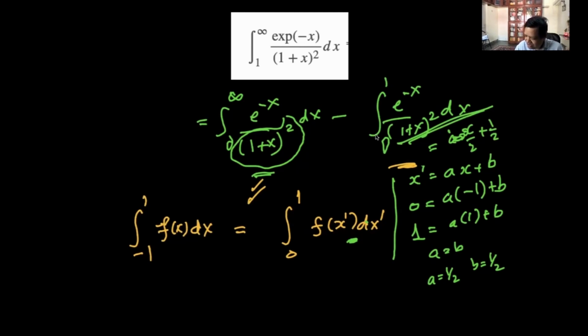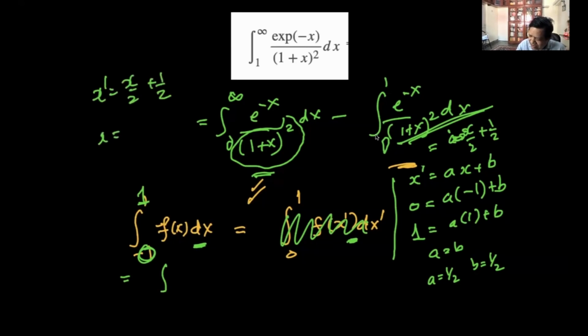So I make a change of variable. I want 0 to 1, that's what I got, the integral from 0 to 1 of f(x) dx. Now I make a change of variable, x'. Anyway, this is algebra. So you replace dx by dx'. x' equals x by 2 plus half, so x is 2x' minus 1, right?